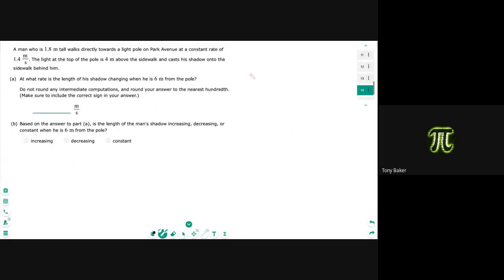Last two, related rate problem. All right, draw me a picture.